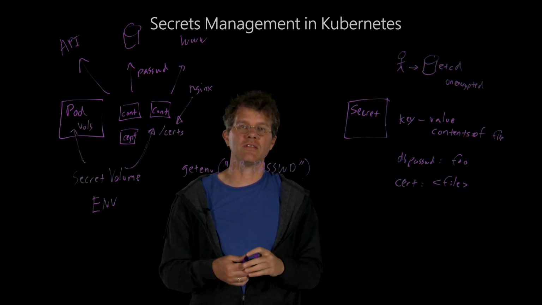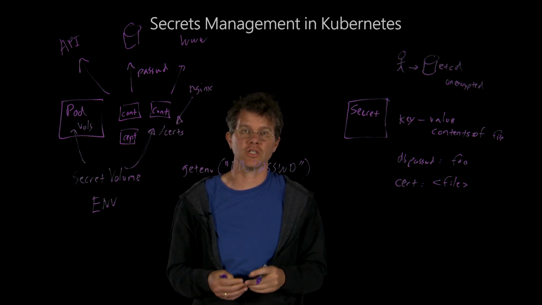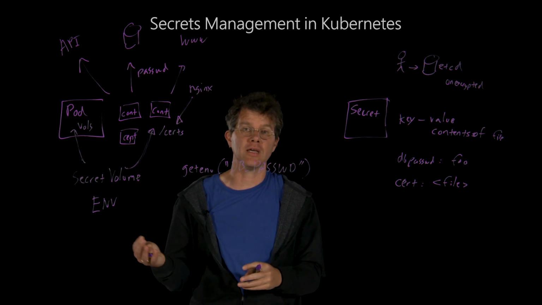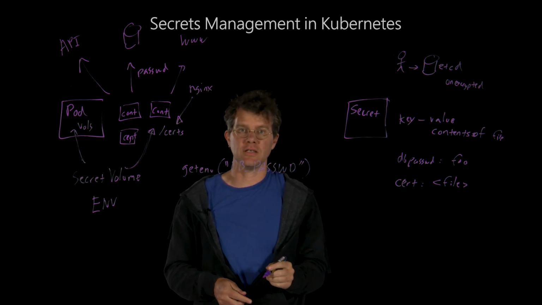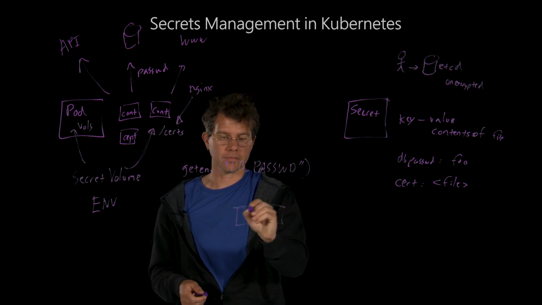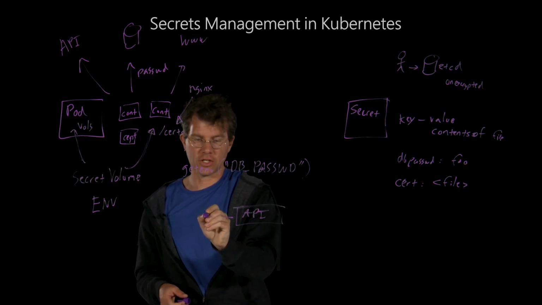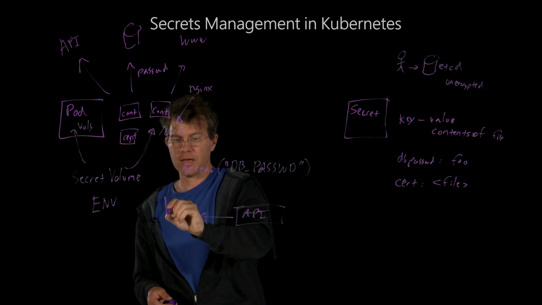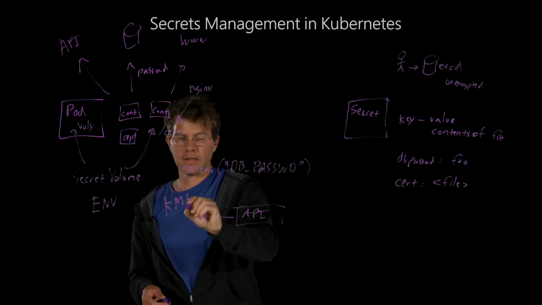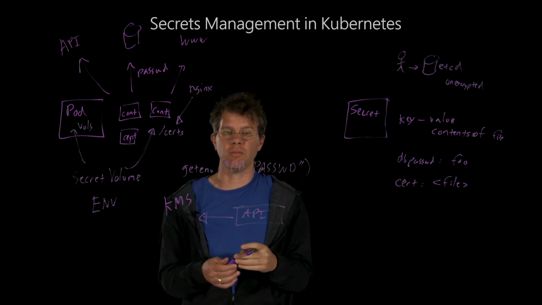And so lately, what has been developed in Kubernetes is key management store integration, so that you can supply a key to do encryption into that etcd database. You can have your Kubernetes API server integrate with a key management store, like, for example, Azure Key Vault or HashiCorp Vault or any number of key management stores.